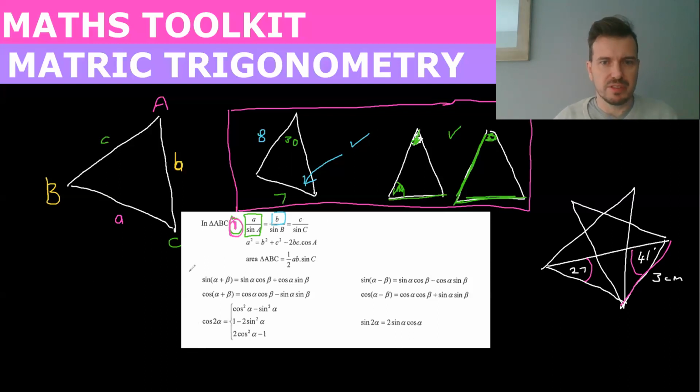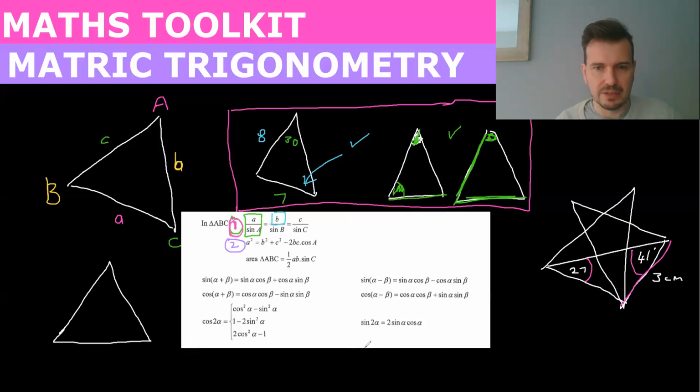Okay, so let's look at the second one now. The next one is if you are given an angle and the two sides in between that angle.